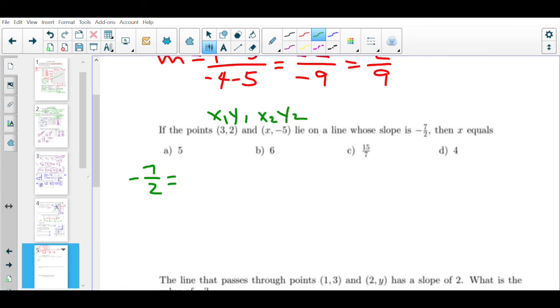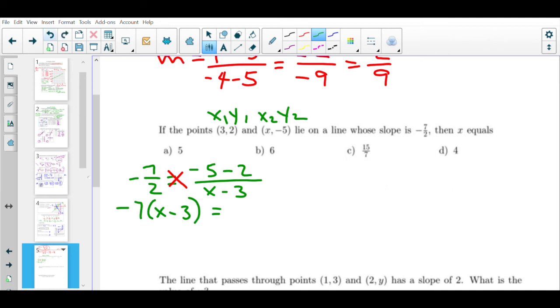So -7/2, which is m, the slope, equals -5 minus 2, y2 minus y1, divided by x2 minus x1, that's x minus 3.